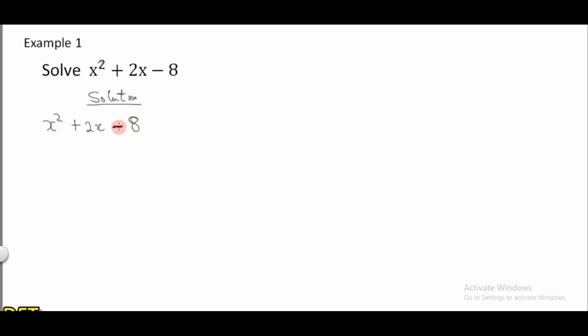So what are the factors of 8 that you know? The factors of 8 are 8 and 1, then 4 and 2. 8 times 1 gives 8, and 4 times 2 gives 8. But here I'm looking for factors that when I multiply them, I have minus 8, and when I add them, I have plus 2.